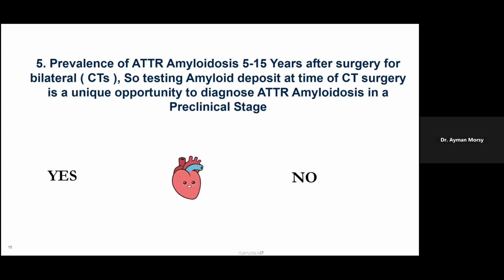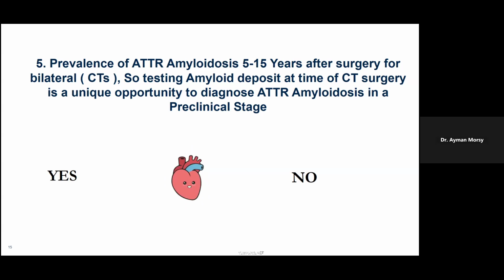Lastly, not least, the prevalence of ATTR cardiac amyloid is most of the time 5 to 15 years after surgery for bilateral carpal tunnel. This is my message for all our orthopedic surgeons: please test for amyloid deposit at the time of your surgery, a unique opportunity or chance to diagnose ATTR amyloid in the preclinical stage.